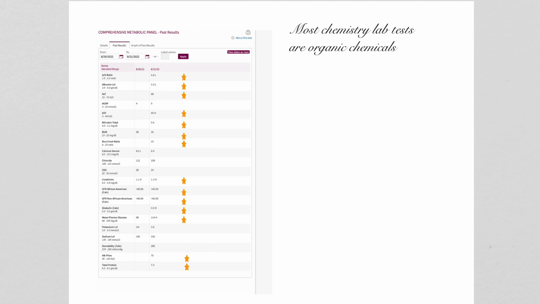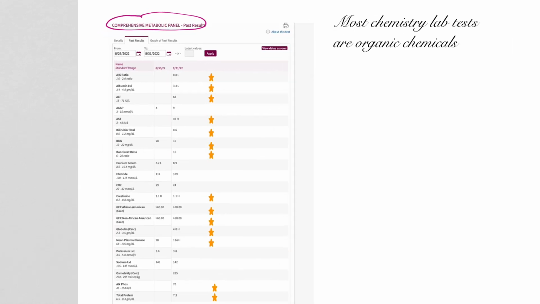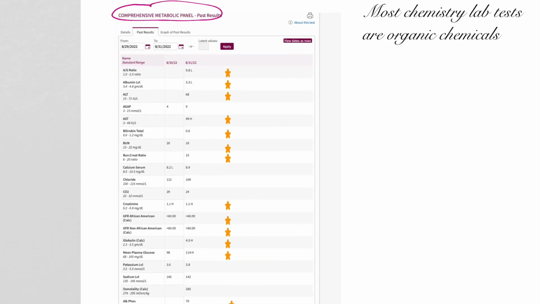If you look at a routine chemistry panel lab test, you would see that most of these chemistry tests are organic chemicals.